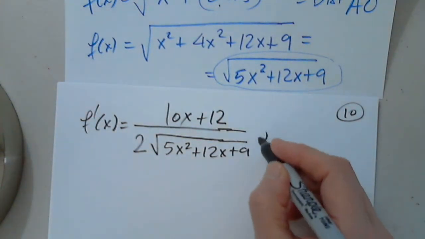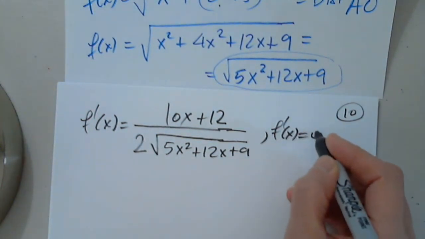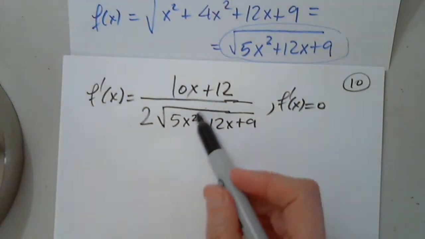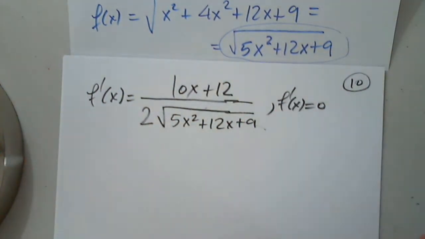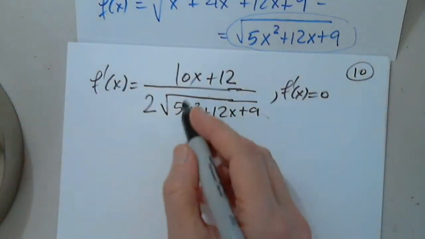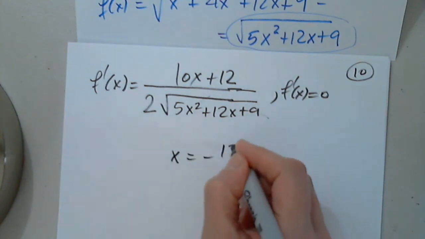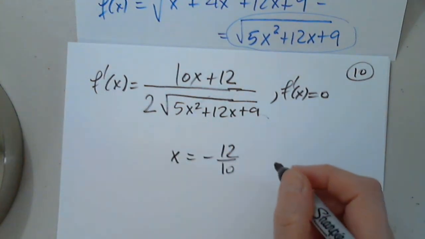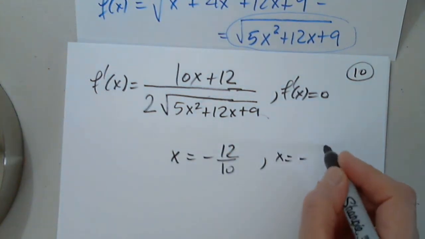And when I eventually set this equal to 0 to find critical numbers, the denominator cannot be 0, because if it is 0, then the distance is 0, which is not possible. So nothing from the undefined situation. I get that x equals negative 12 over 10, and we simplify that as negative 6/5.